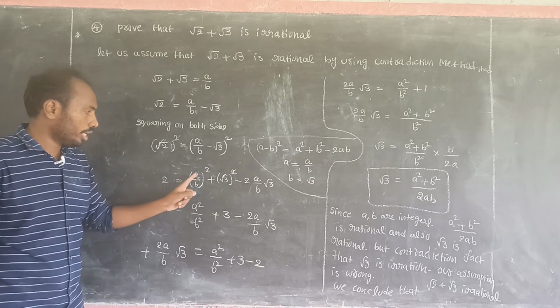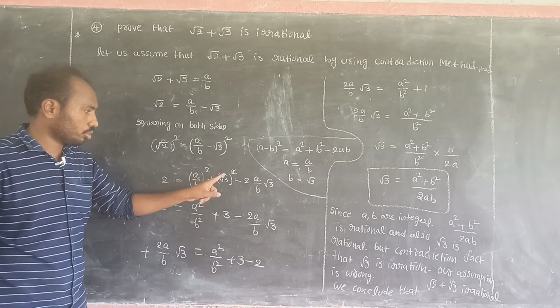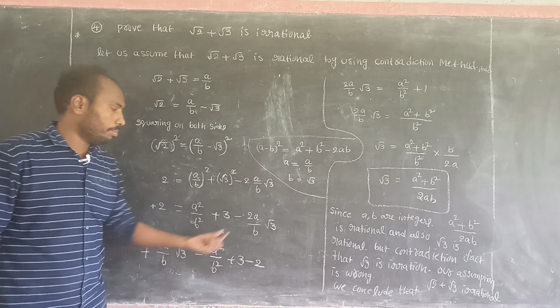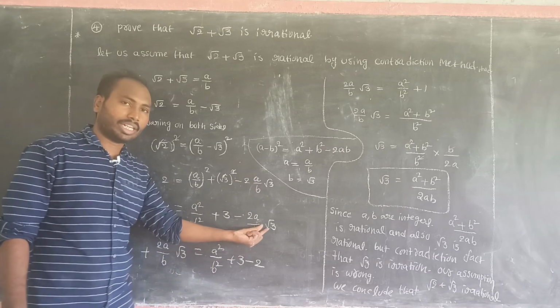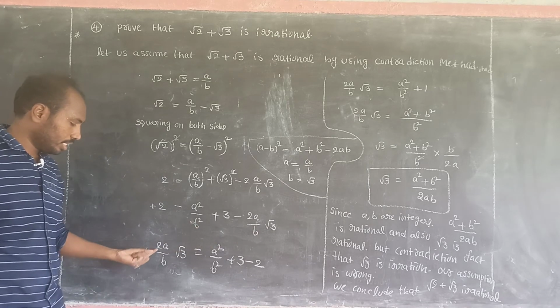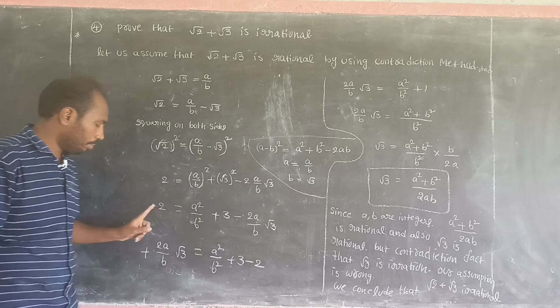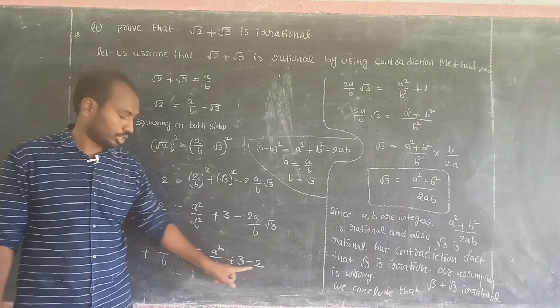2 is equal to a square by b square plus 3 minus 2a by b root 3. Transposing minus 2a by b root 3 to the left side, plus 2a by b root 3 is equal to a square by b square plus 3, plus 2 transposing to the right side, minus 2.